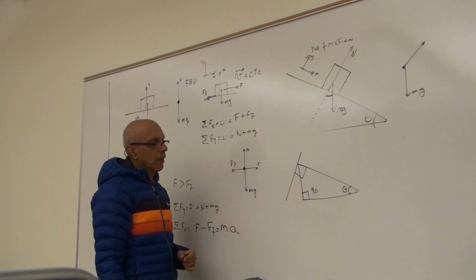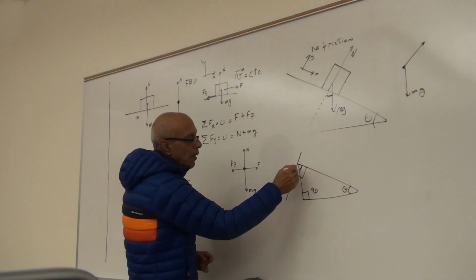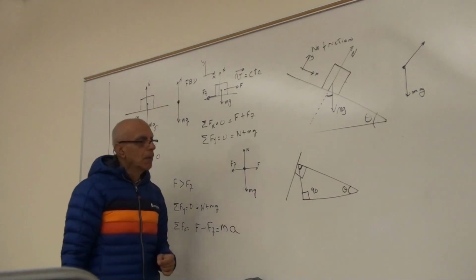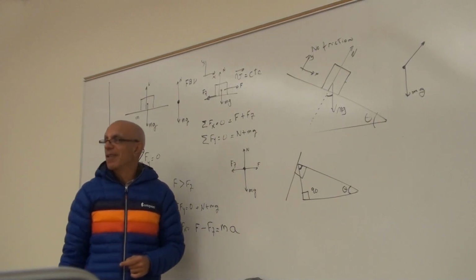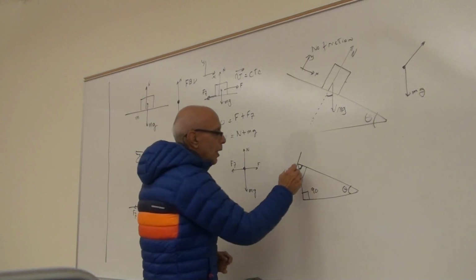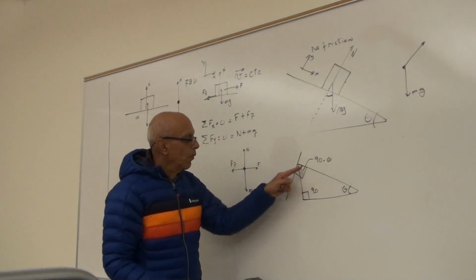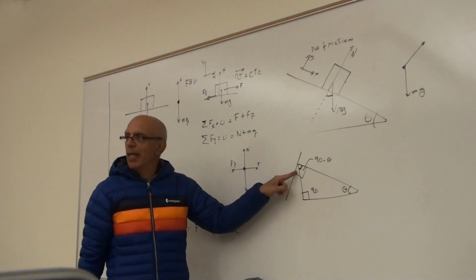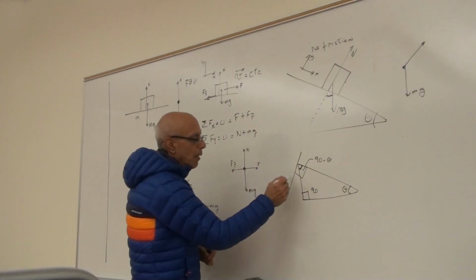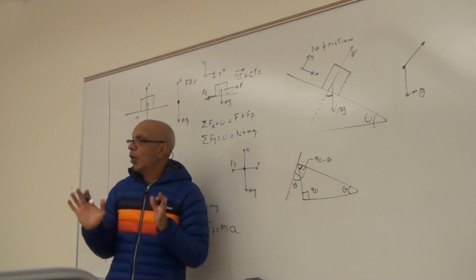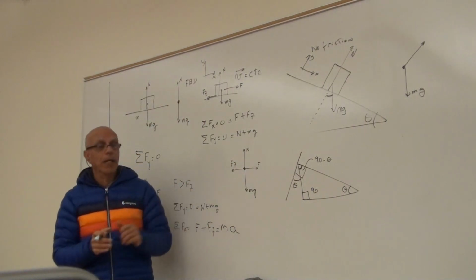So this angle here is 90 minus theta, and the whole thing here is 90, so this one here has to be theta. This is very important because students always get confused with that.